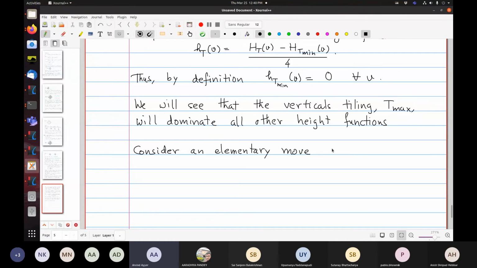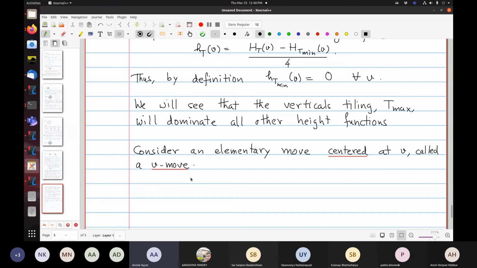So consider an elementary move centered at V. The central vertex I'm calling V, which we will call a V move.